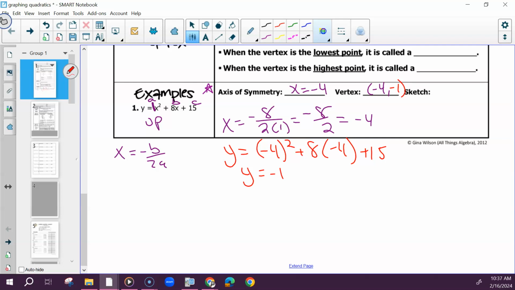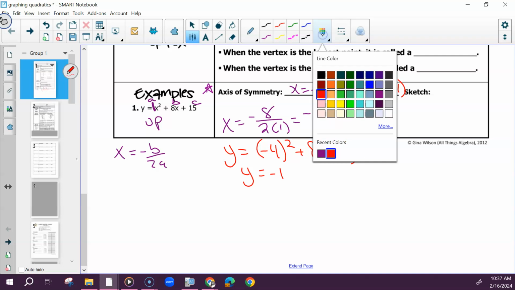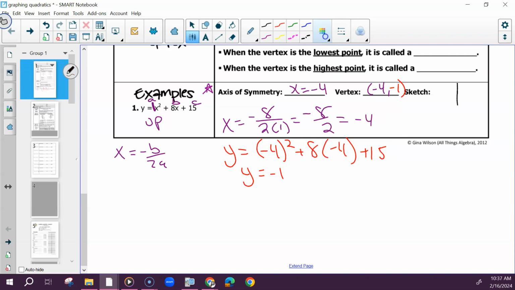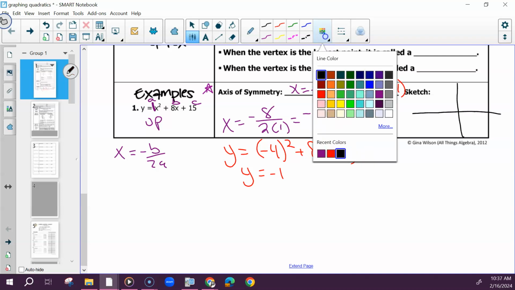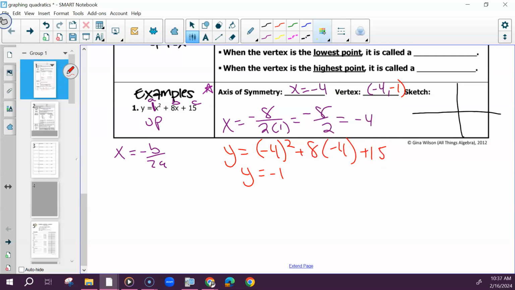Then our rough sketch. Go ahead and draw x and y axes. We can draw in our axis of symmetry at what would be negative 4. Just draw a dotted line. 1, 2, 3, 4, or maybe somewhere here. These are not going to be perfect graphs. They're just rough sketches.